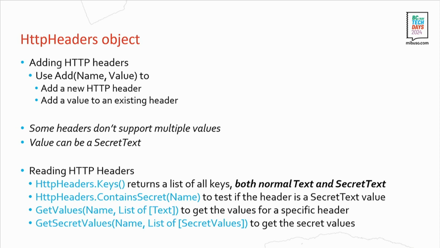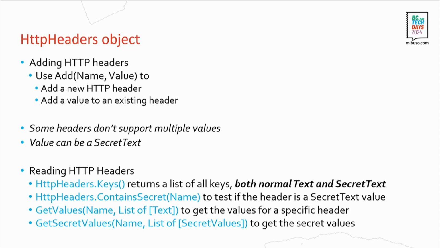But if you try to get the values of a certain name, that is the third option on the list, then you ask for the values of a specific header, and because it could be multiple, you have to request a list of text. If that was a secret value, then get values is going to give you an error message. In that case, you need to use get secret values. But there is no function that says, get me the secret keys, or the keys for the secret values. So the only thing that you can do there is ask for contain secret. And then you know, hey, is this a secret or not?